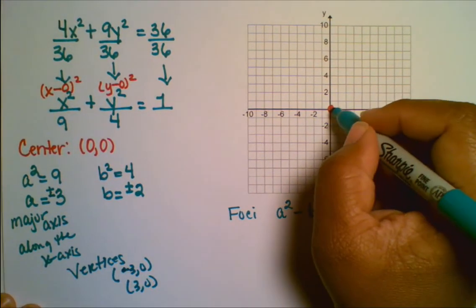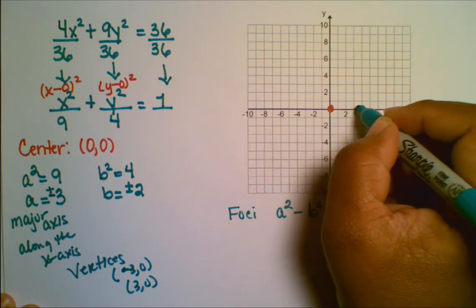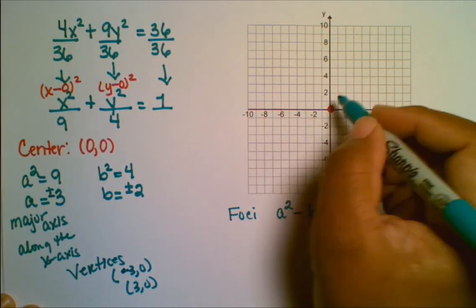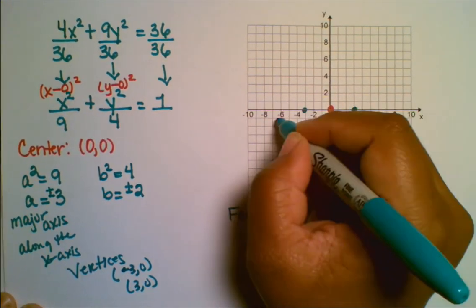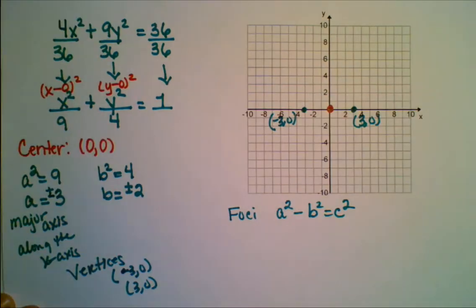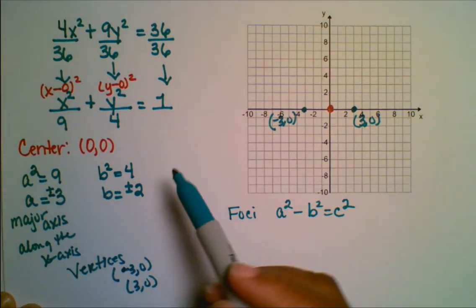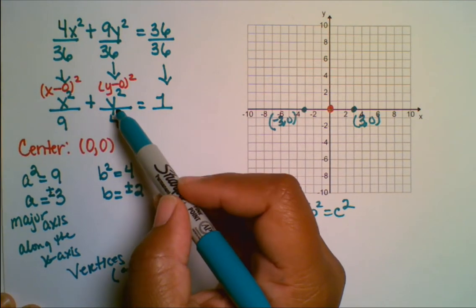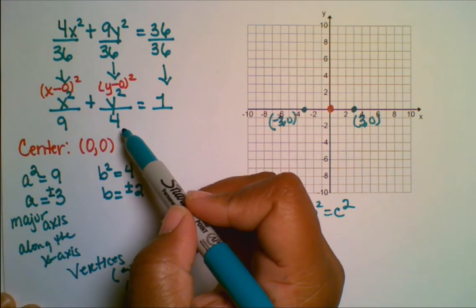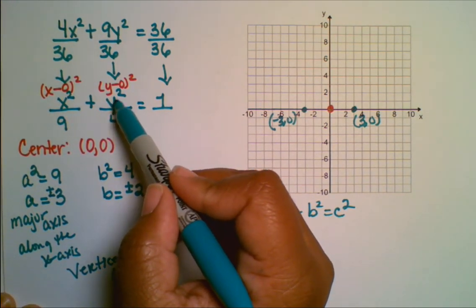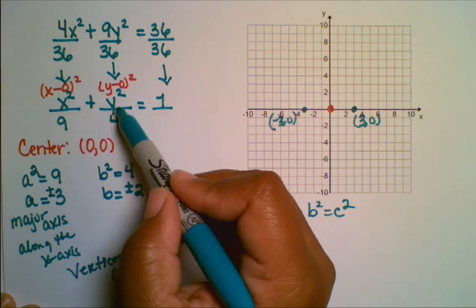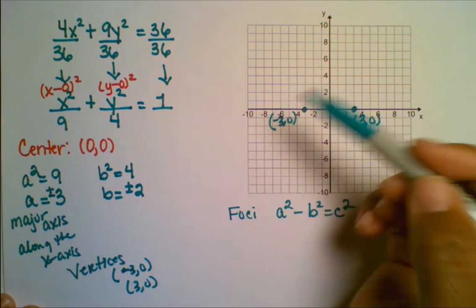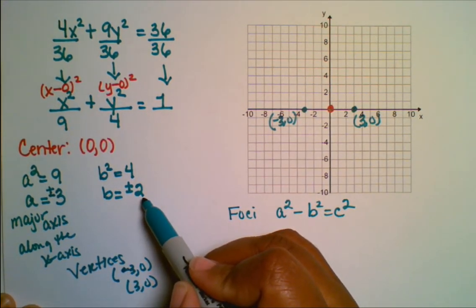So let's count over 3 units from the center: 1, 2, 3. To the left, 1, 2, 3. And then how do we find the points along the y-axis? Well, since the 4 in our equation is paired with the y squared term, that means we're moving along the y-axis. How many units? It's going to be 2.